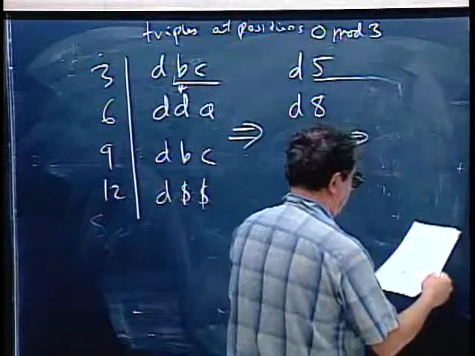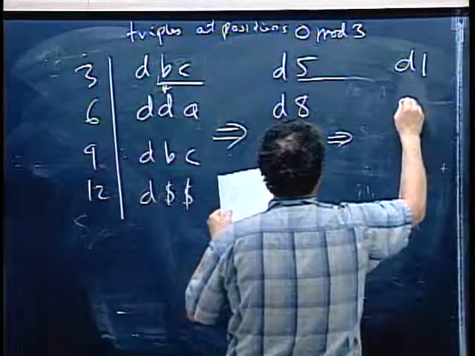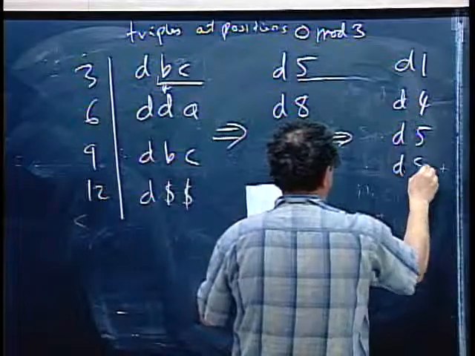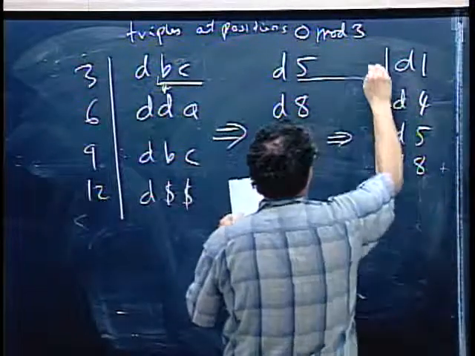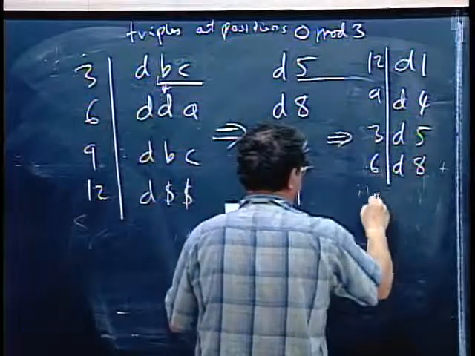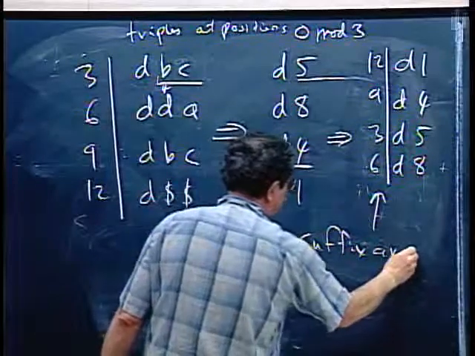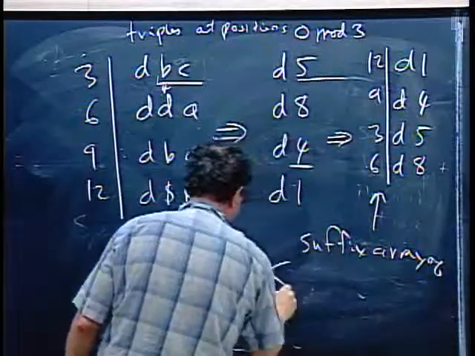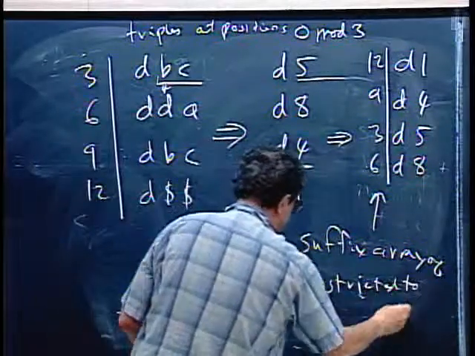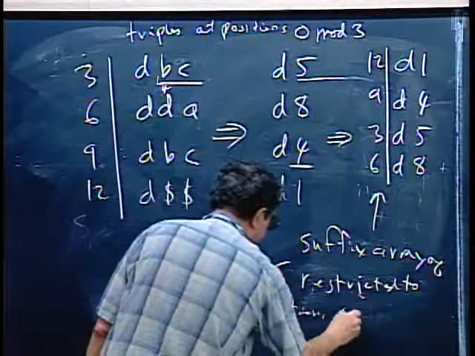Sort by radix sort, and I get D1, D4, D5, D8, and here are the original positions, 12, 9, 3, 6. So this is the suffix array of S restricted to positions 0 mod 3.